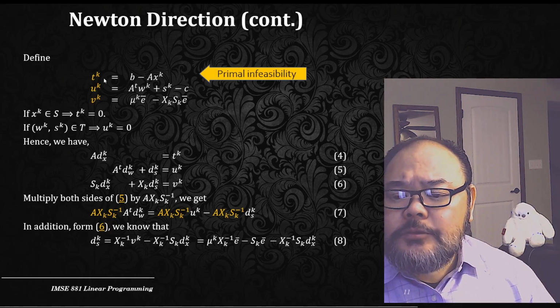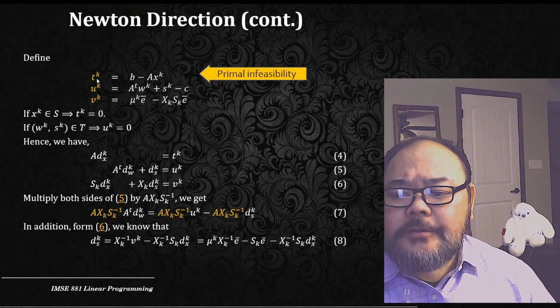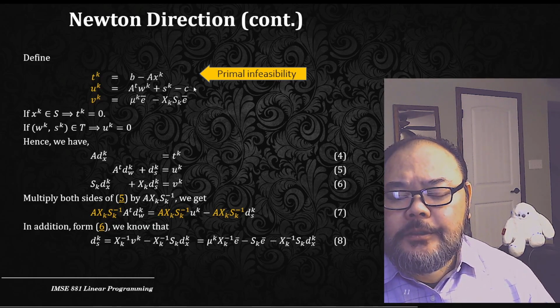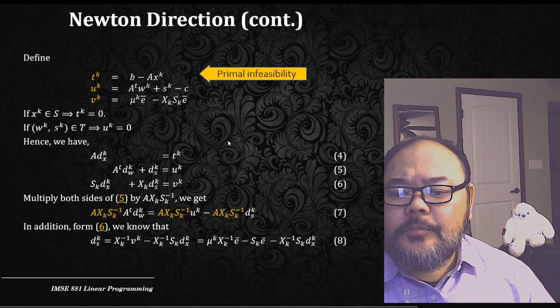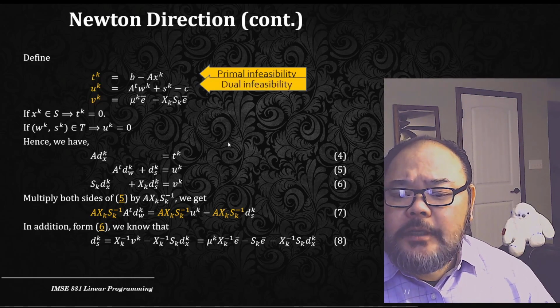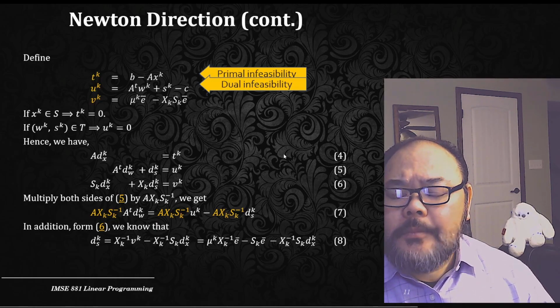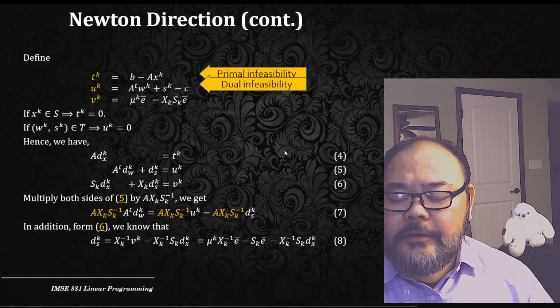So let's review. The tk actually represents the primal infeasibility, if the current x is not primal feasible. Second, the uk represents the dual infeasibility, if there exists any.